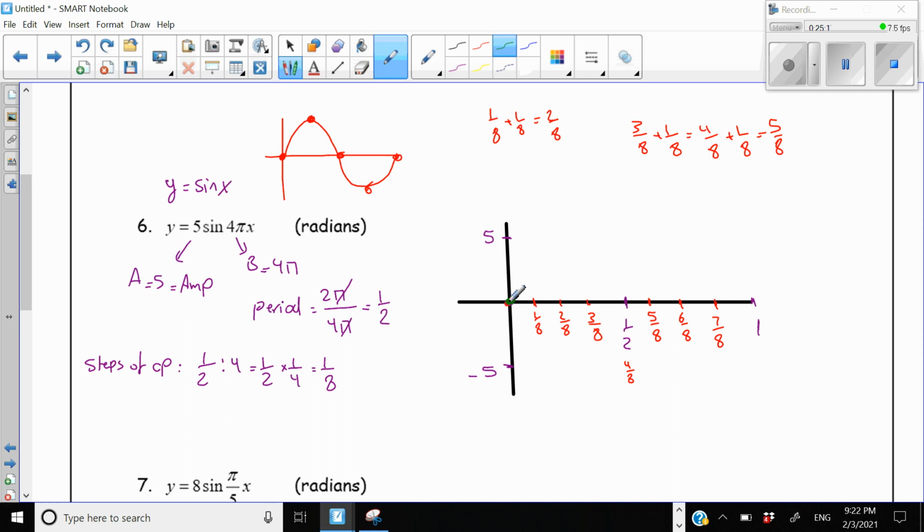First one is midpoint, then high point, mid, low, mid. So this is one cycle. And the next one, mid, high, mid, low, and middle. So this is the graph of my function.